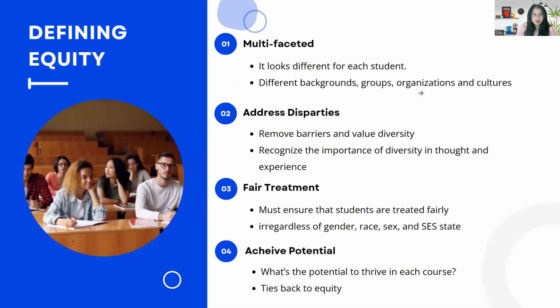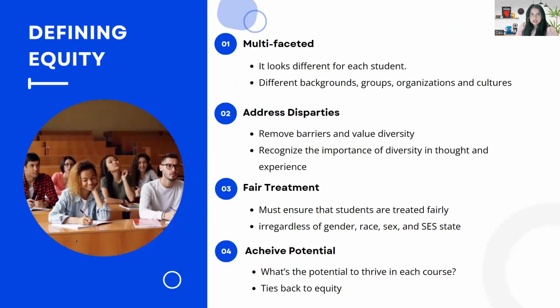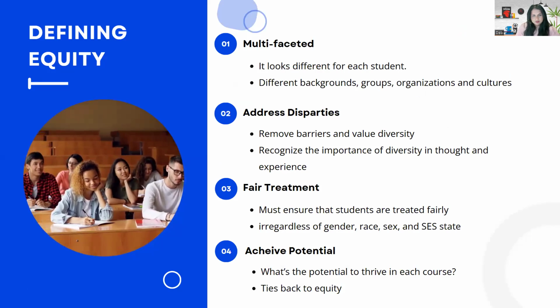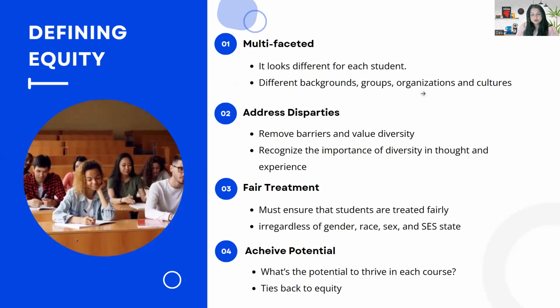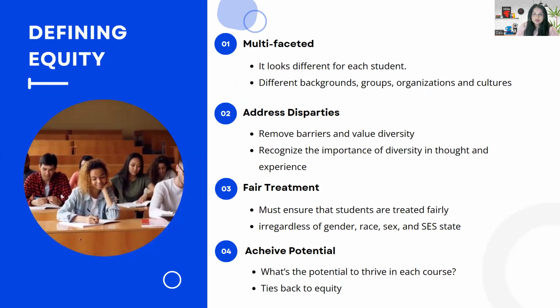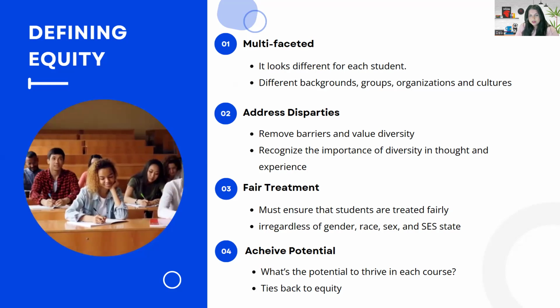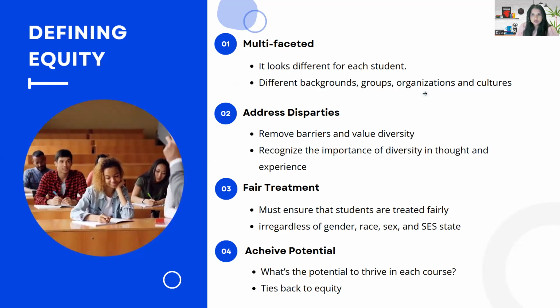Okay, so how can we define equity? We know that it is multifaceted, so it does look different for each student. We must also be aware that students do come from different backgrounds, different groups, different organizations and cultures, and so diversity and even equity for that matter can look different for me versus to you.